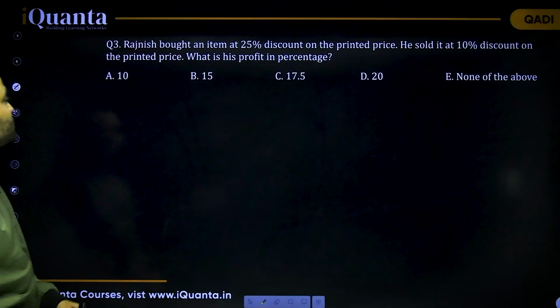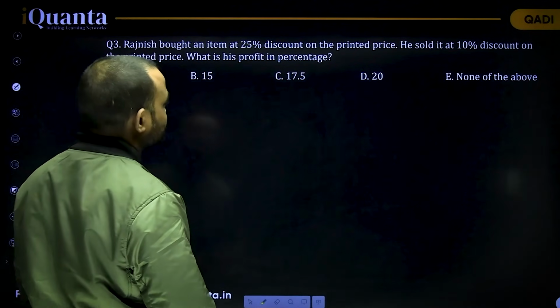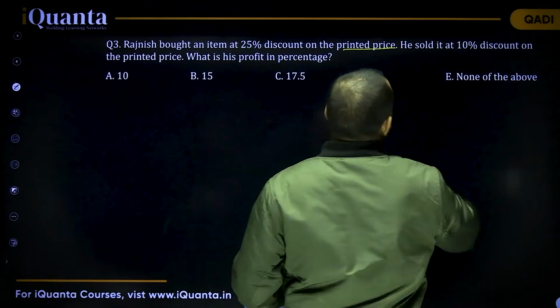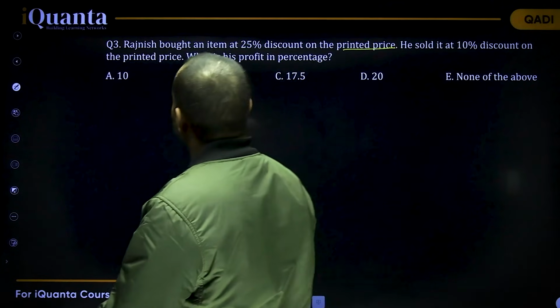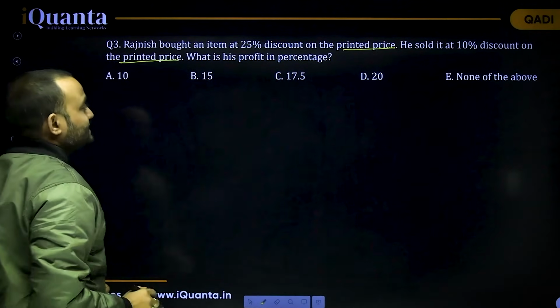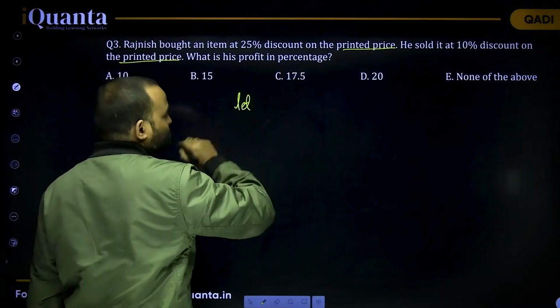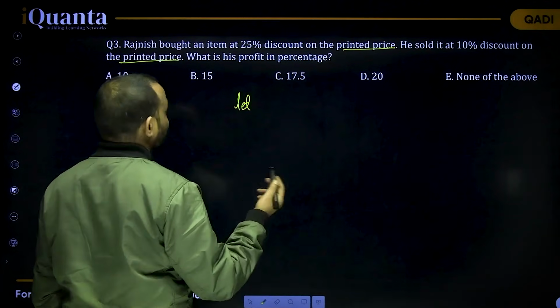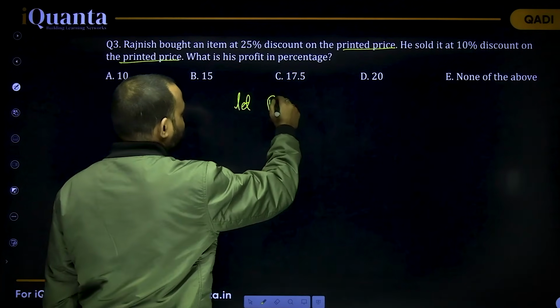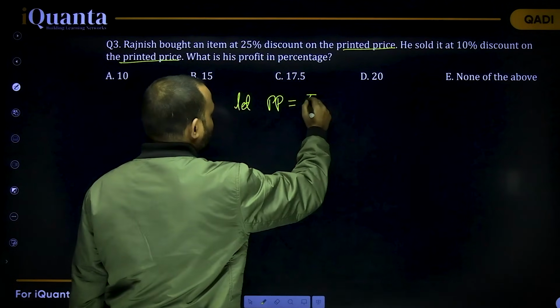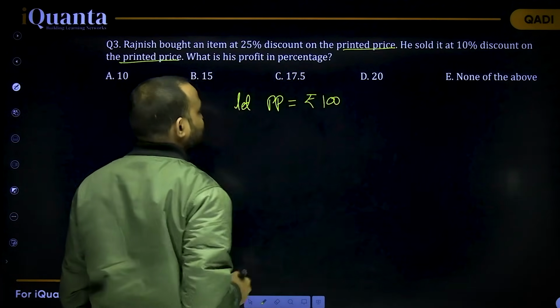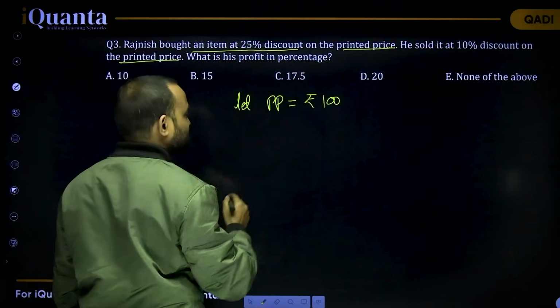Rajneesh bought an item at 25% discount on the printed price. He sold it at 10% discount on the printed price. What is his profit percentage? We can solve this type of question very easily by assuming the printed price. Let the printed price be 100 rupees. If the printed price is 100 rupees, what will be his cost price?